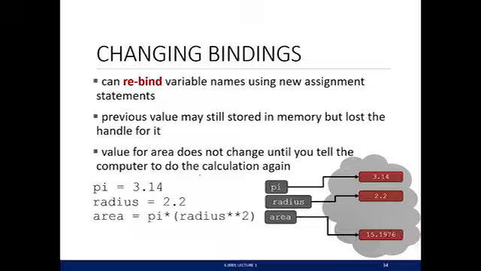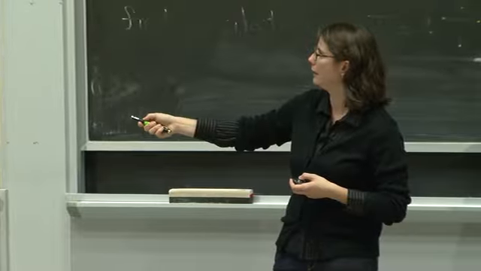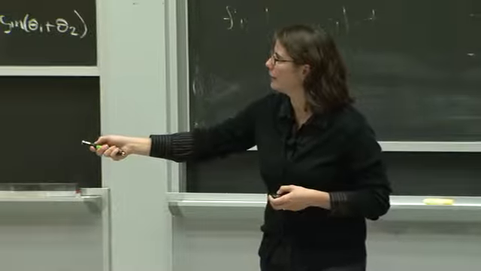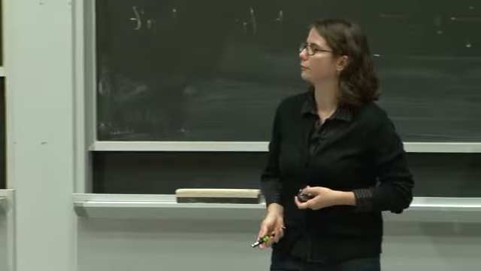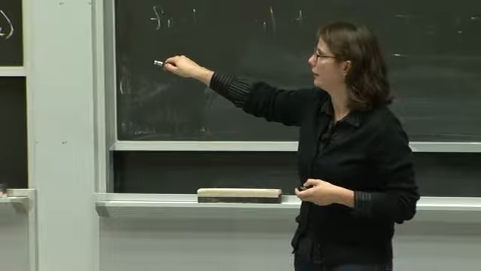Okay. So now let's say we rebind radius to be something else. So radius is already bound to the value 2.2. But when we do this line, radius is equal to radius plus 1, we're going to take away the binding to 2.2. We're going to do this calculation.